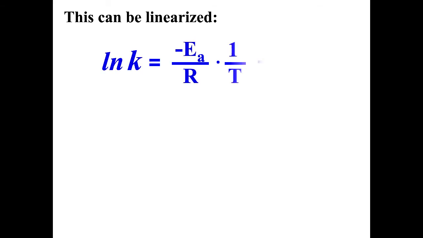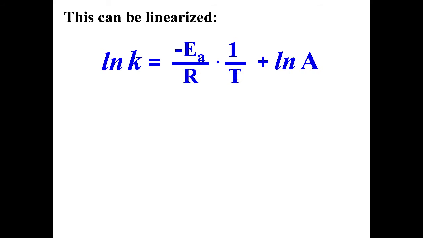We can do the same thing for the rate constant activation energy equation, the Arrhenius equation. And if you take the natural log of both sides of this equation and then do a little bit of rearranging, you get the following. ln of k equals negative E sub A over R times 1 over T plus ln of A.